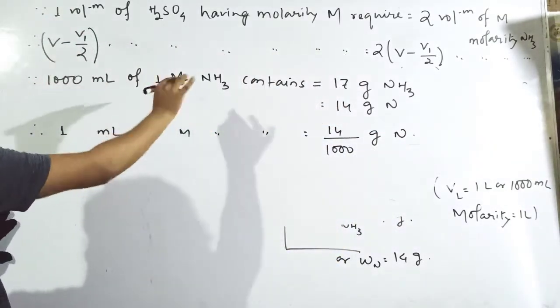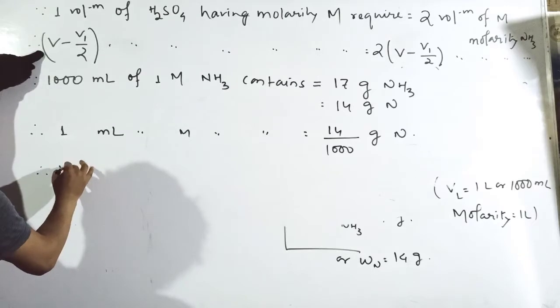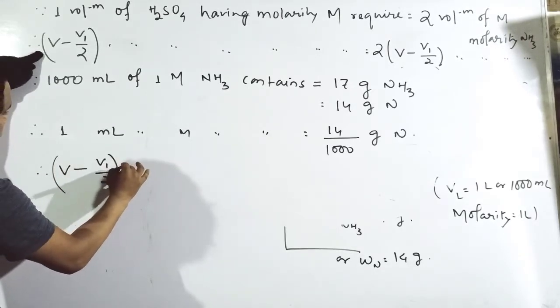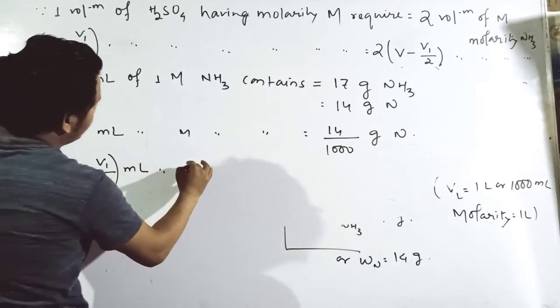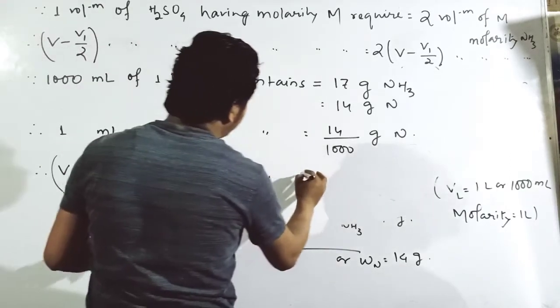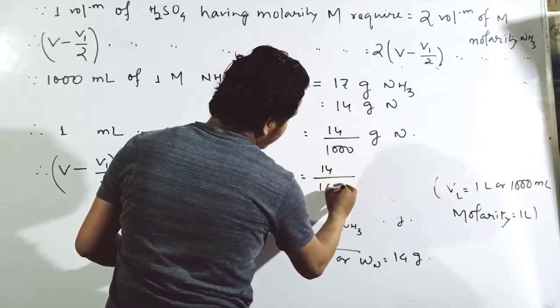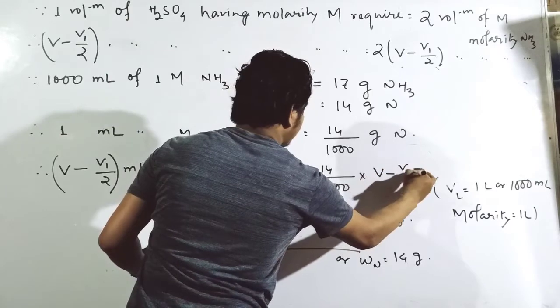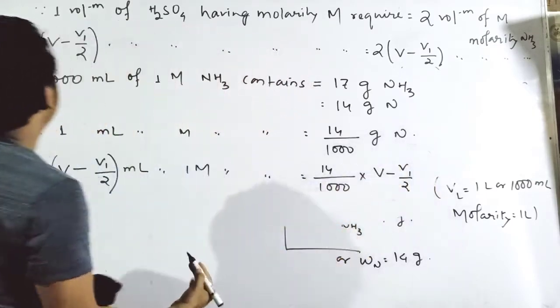Therefore, V minus V1 by 2 ml of 1 molarity ammonia contains 14 by 1000 into V minus V1 by 2.